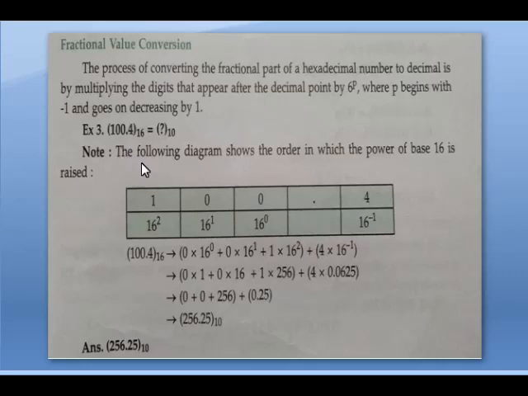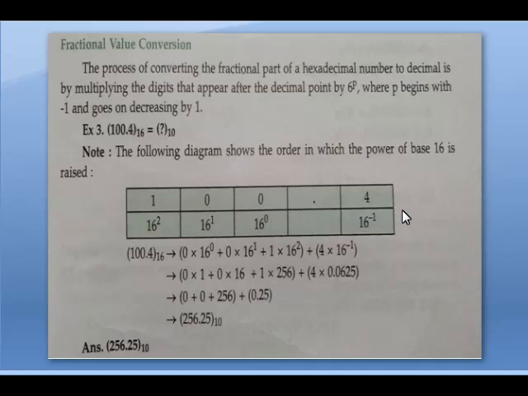One example is 100.4. We have to write all the numbers: 100, then 0.4. For the integer part we increase the power from right to left, that is 16 power 0, 16 power 1, 16 power 2. For the fractional part we decrease the power, that is 16 power minus 1.